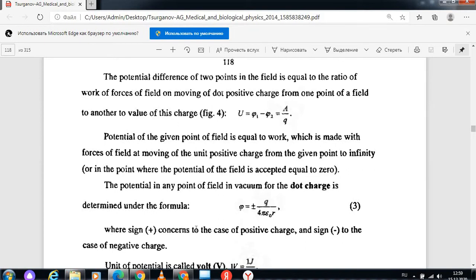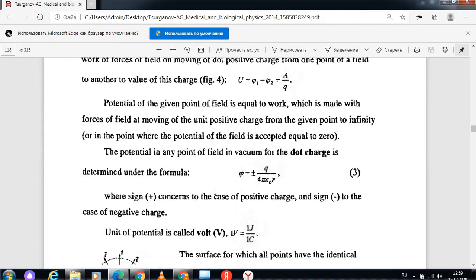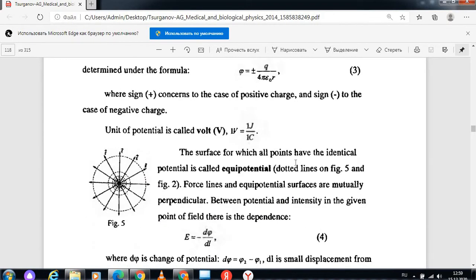Yes, whereas the sign plus refers to the case of a positive charge and the sign minus to the case of a negative charge. The unit of potential is called volt.